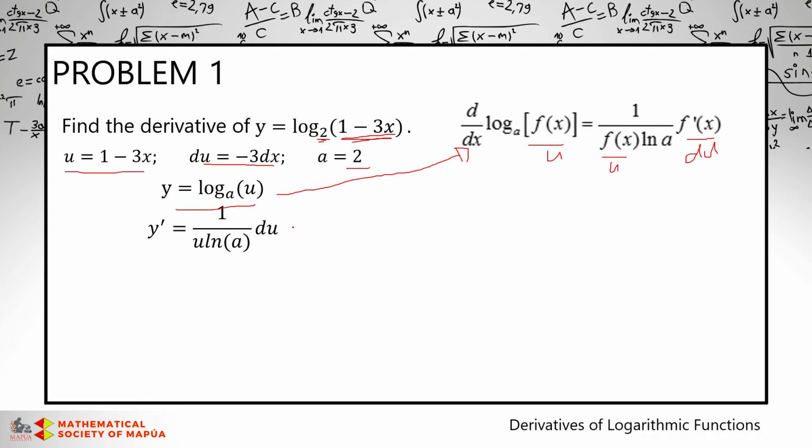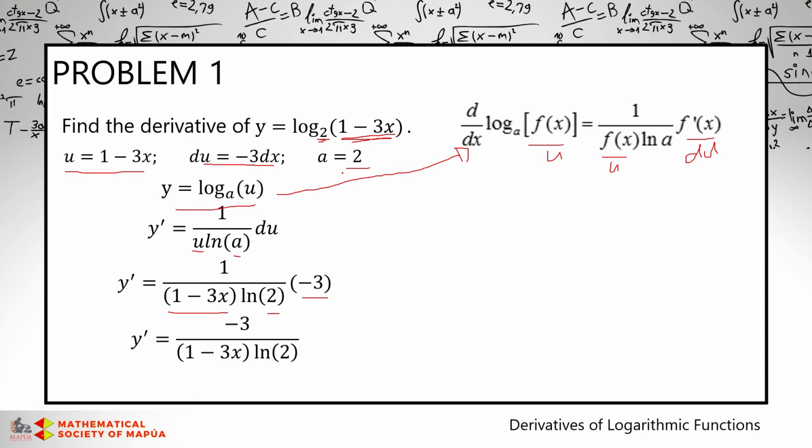And then, substituting, we have y prime would be 1 over, ang u natin is ito, 1 minus 3x, a is 2, and du is negative 3. Okay, so, somehow, substitution lang siya. And simplifying, we have negative 3 over 1 minus 3x ln of 2. Ayan. So, usually, pwede na yung final answer na yan, kahit hindi mo na-evaluate yung ln of 2.